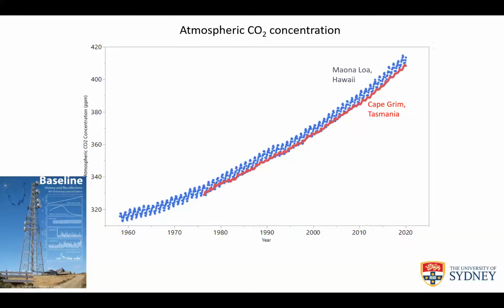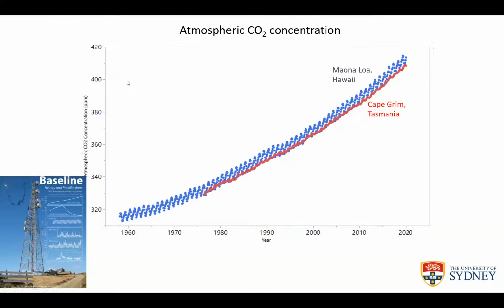But over time, they also saw the same trend happening in Tasmania. This is the very south of Australia. So there is a trend of increasing CO2 in the atmosphere. If you look at this, the concentration we have at the moment, around 2019 or 2020, is above 400 ppm in the atmosphere.